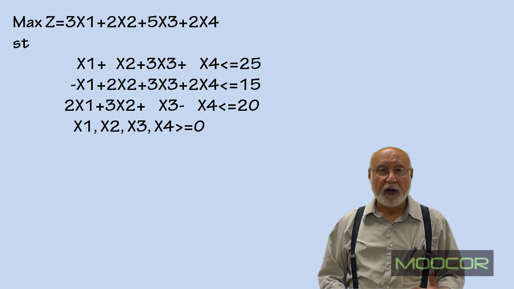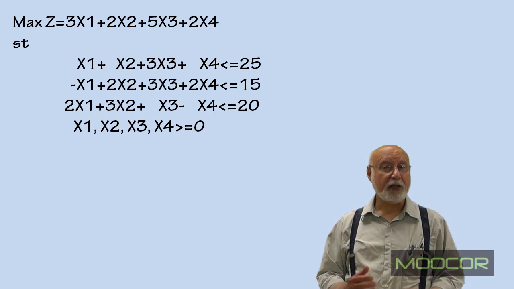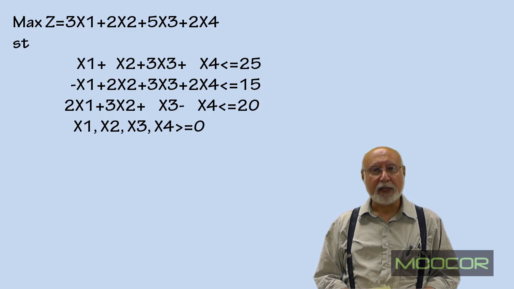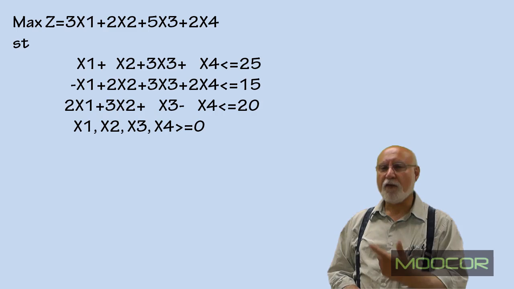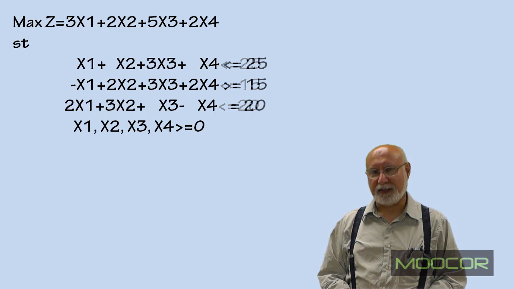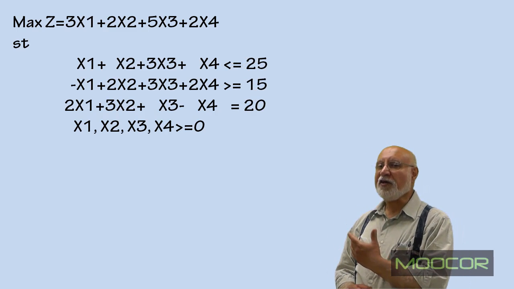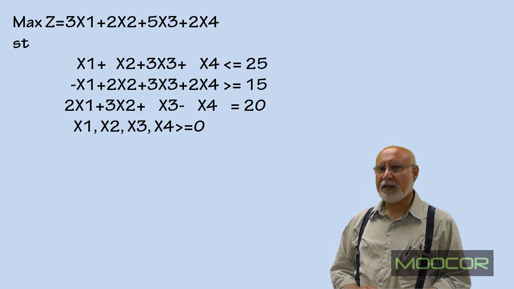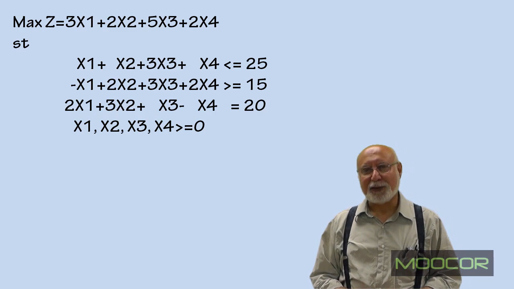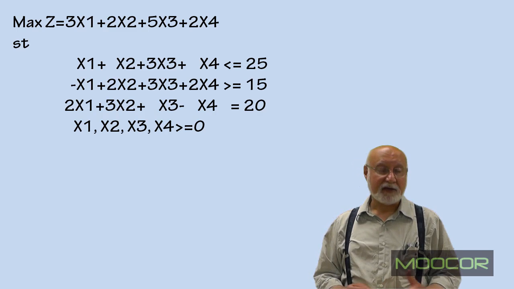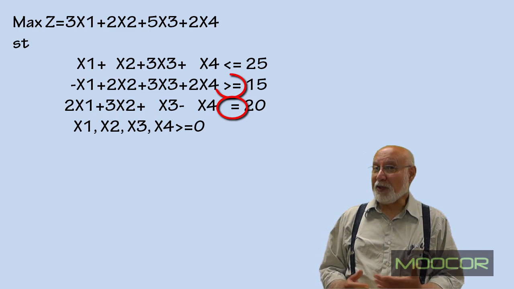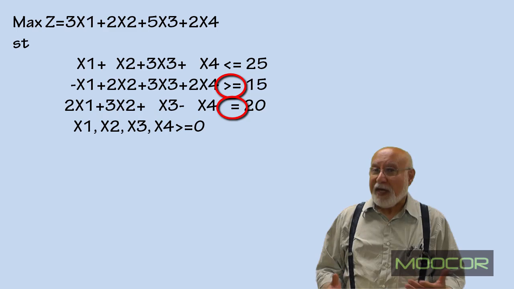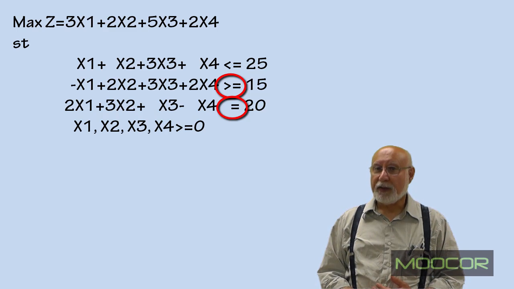In Topic 5, in Big M method, and in Topic 6, the two-phase method, we deal with the cases that canonical form is not present, which means you may have constraints that are not in the form of less than or equal sign. You may have a constraint that is in the form of equation. You may have a constraint which is in the form of greater than or equal sign.